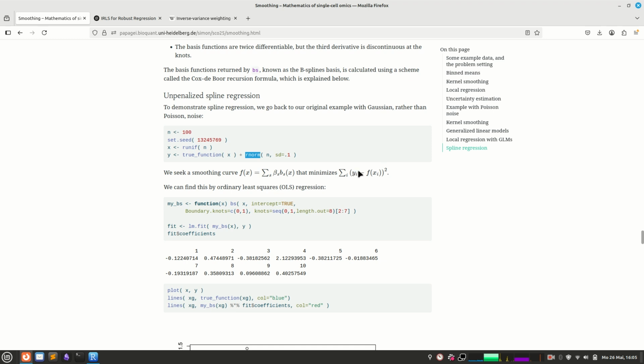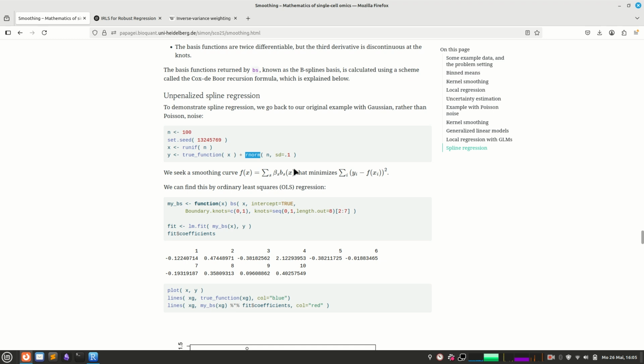So the actual value yi minus the value f at the position xi, so yi and xi are the data points. And you get here this least square criterion adding over all data points. And for f of xi, I put in here my basis function times a beta. And you will notice this is a least square problem.